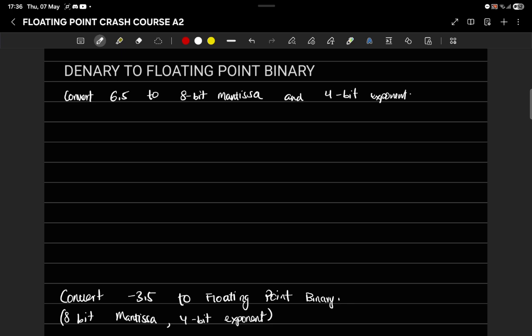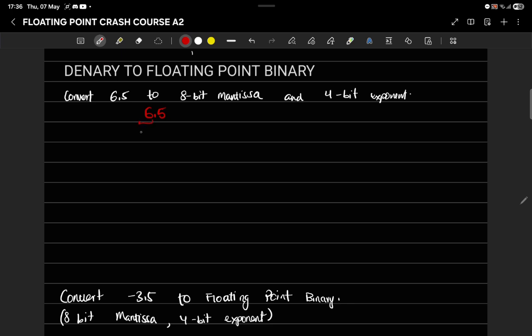Okay, so if we have a number like 6.5 that we want to convert to an 8-bit mantissa and a 4-bit exponent, the first step is we convert the 6.5 into binary.